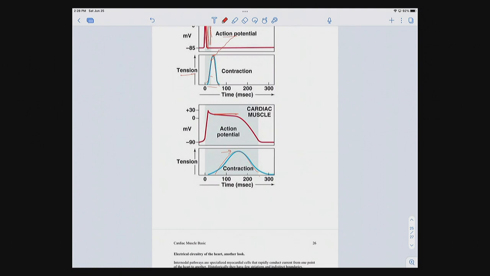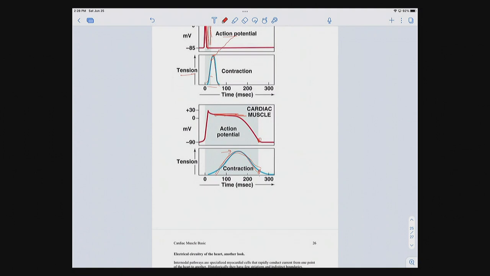So it's spread out over a longer period of time, and you're going to note that as this is plateauing, this is the main part where I'm actually having the contraction itself. The action potential doesn't end until here, and that's about where my contraction is almost done.